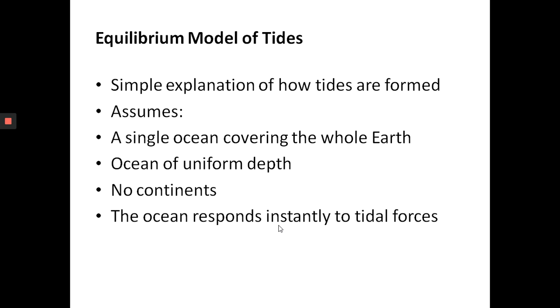You have gravity pulling it, so you just instantaneously get one bulge building up. It doesn't take time to build up all that mass, right? But that's not the case. But let's stick with this first equilibrium model. So a single ocean covering the whole Earth, ocean of uniform depth, no continents, and the ocean responds instantly to any forces.